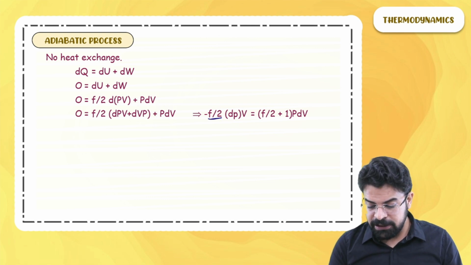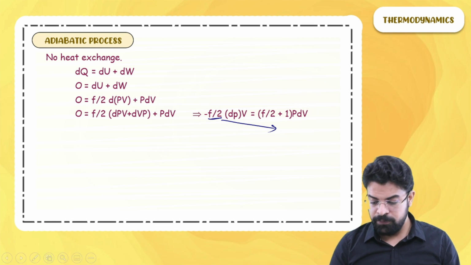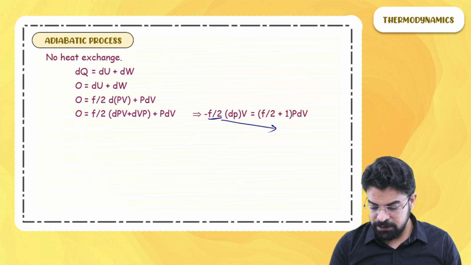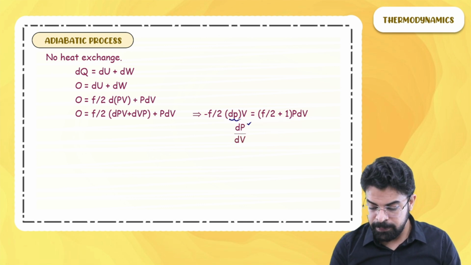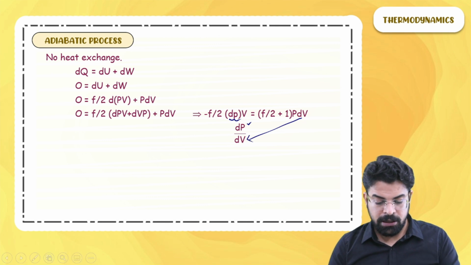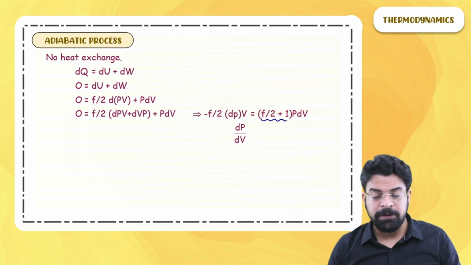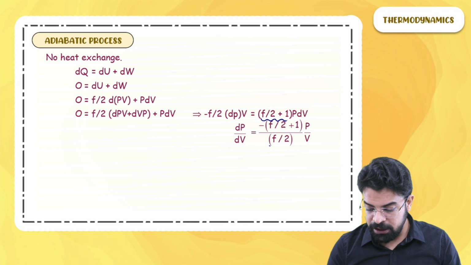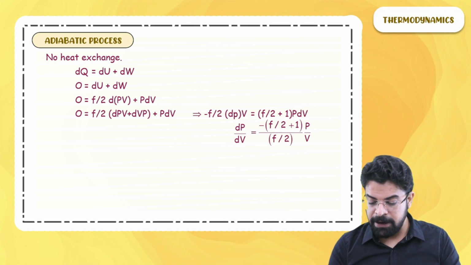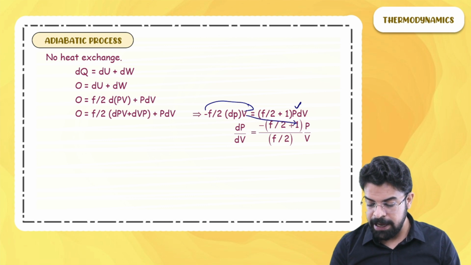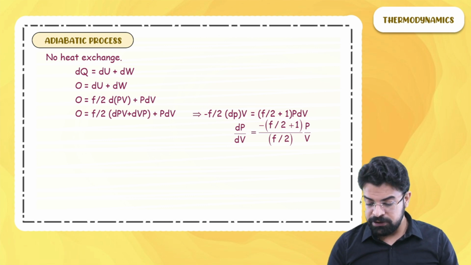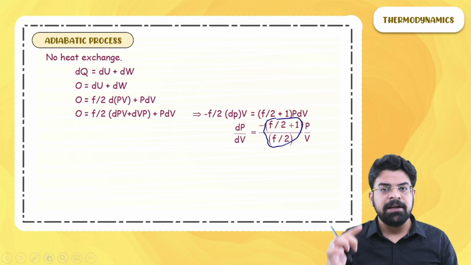Now from here bring this F by 2 down there, and this V down here, and this P down here. So we can even write dP by dV equals F by 2 plus 1 upon F by 2, and the minus sign goes to the right hand side, into P by V. Now this quantity F by 2 plus 1 upon F by 2 will keep on coming in our further calculation.